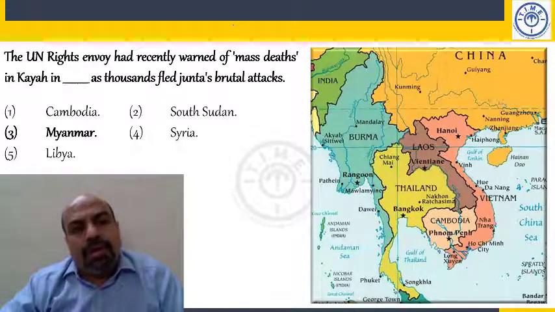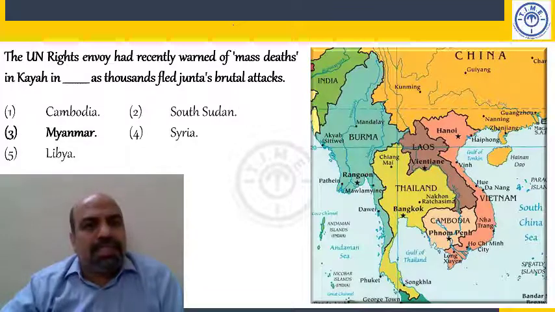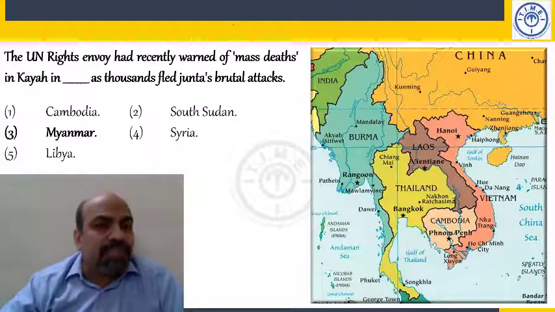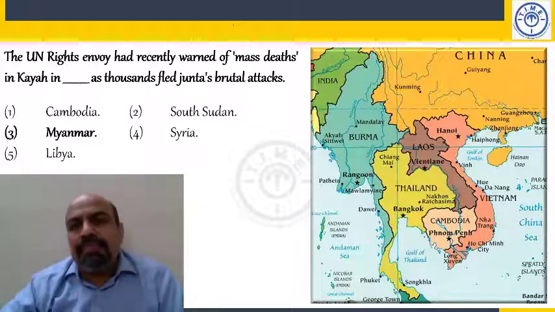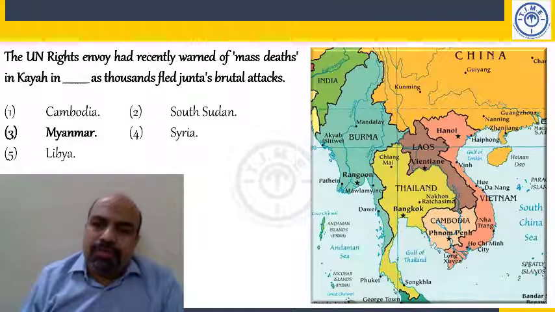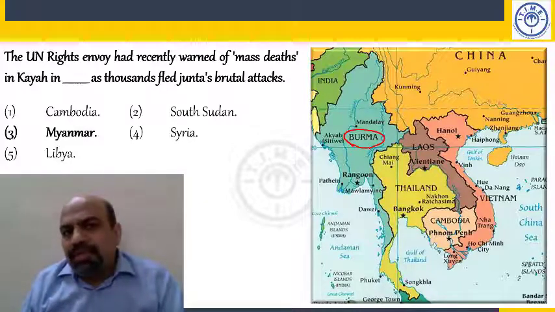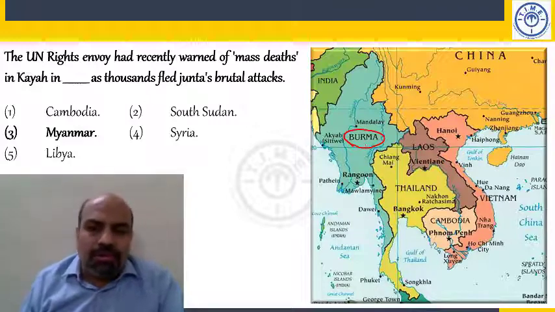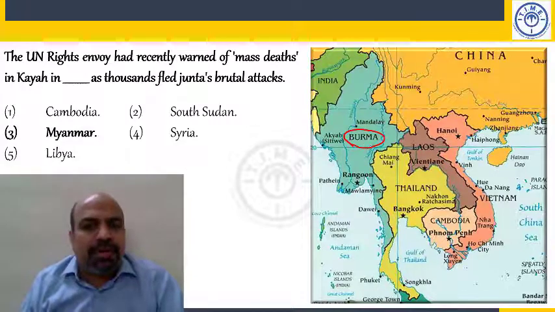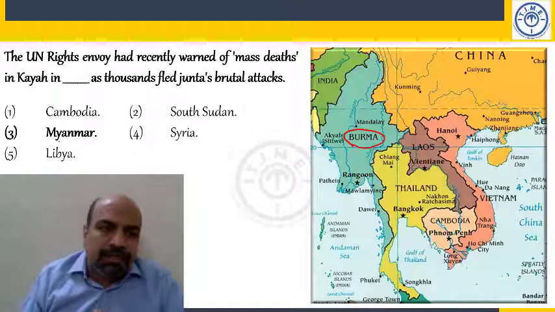The UN rights envoy, the envoy means ambassador, had recently warned of mass deaths in Myanmar. Myanmar is Burma. This is a wrong way of writing. I found this map, I want to tell you. Only the US government and 3-4 more governments around the world address this country as Burma. Remember, this country is called Myanmar.